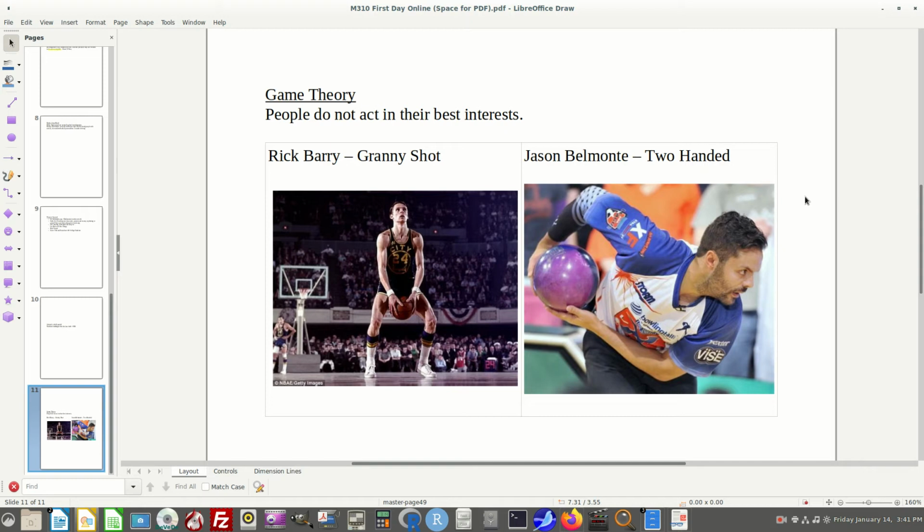Similarly, in bowling, the two-handed approach, according to people who use it, gives you more control and more power, but it doesn't look right. So one of the things about teaching, if your students do well, your colleagues will say that you've got the better students. So don't expect to do things the way other people do things.